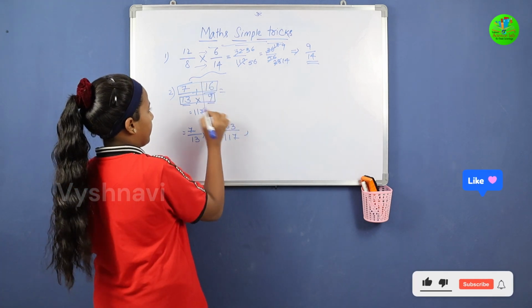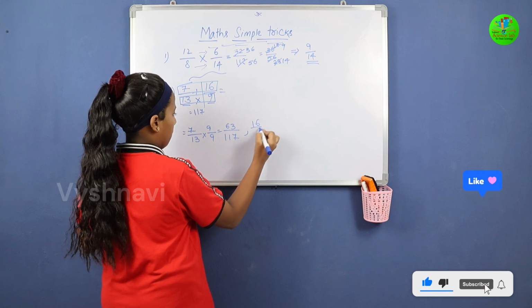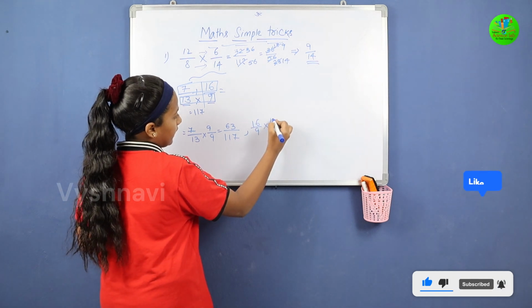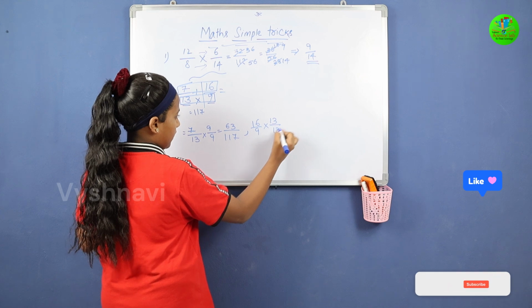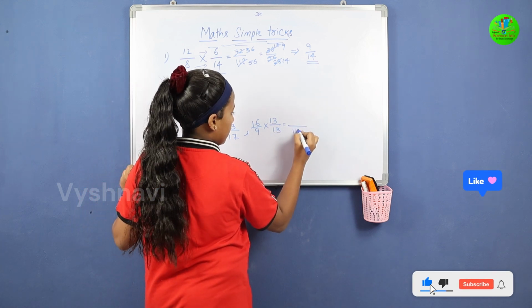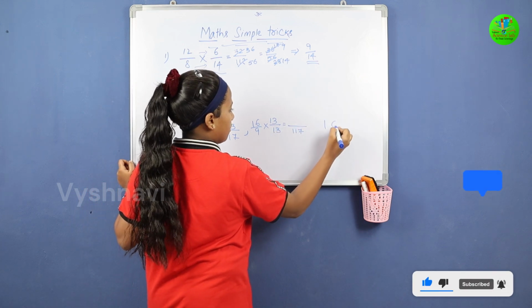And for this we will do 16 by 19 into 13 by 13. Let's do 117.